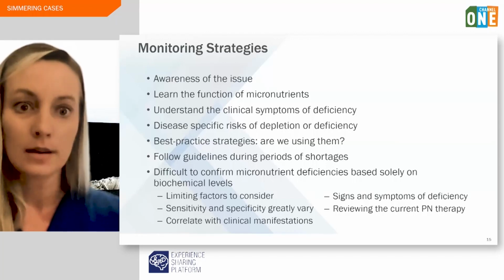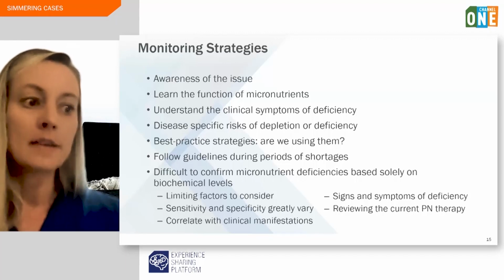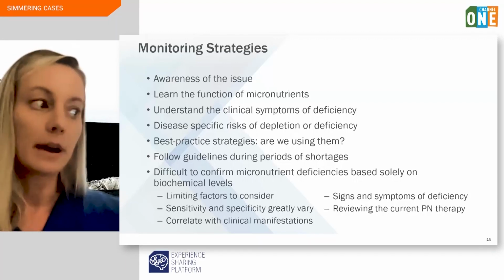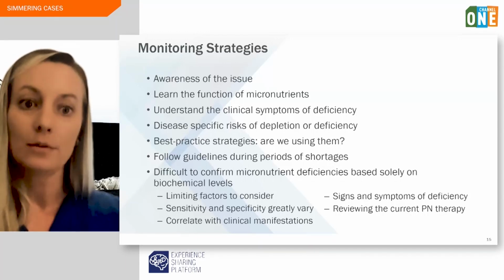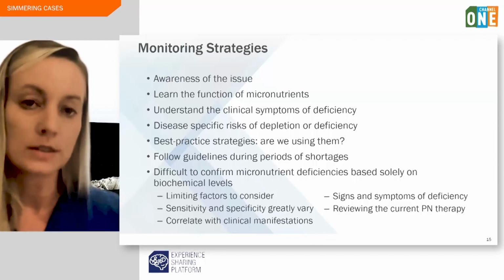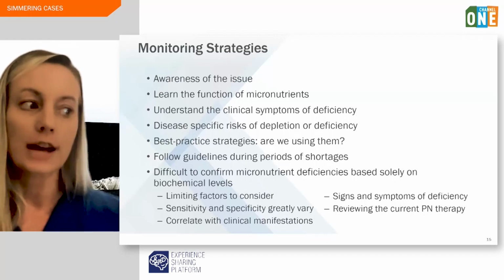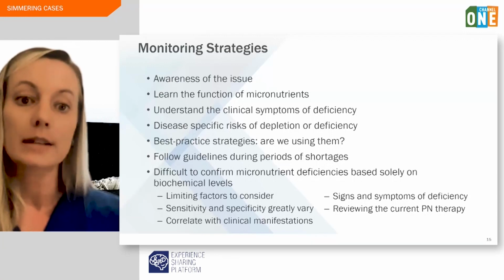So what can happen in patients? What are the clinical manifestations that come forward? This will allow us as clinicians to better determine who may be at risk of deficiency or who may already have developed deficiencies. I want to ask you, what are your best practice strategies for monitoring in your respective institutions?